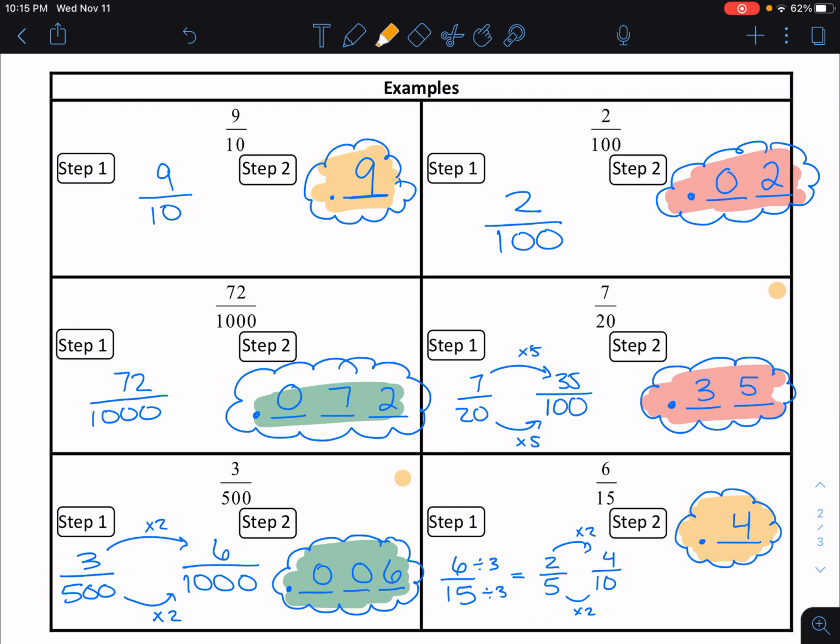For this one right here, 1,000 was the easiest because, again, getting to 10 or 100 would be a little bit more difficult. And then for this last one, there was no easy way to get from 15 to 10, 100, or 1,000. So we're going to simplify that fraction first. I can see that 6 and 15 have something in common. So I'm going to simplify first, and then to get from 5 to 10 is going to be the easiest.